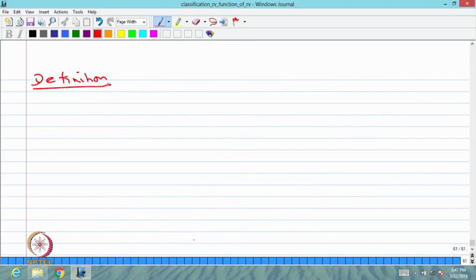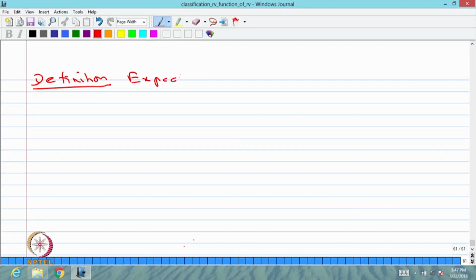Now we will give the definition of the expected value of a random vector. We have already given the definition of the expected value of a function of a random vector. Now we are going to give the definition of the expected value of a random vector.